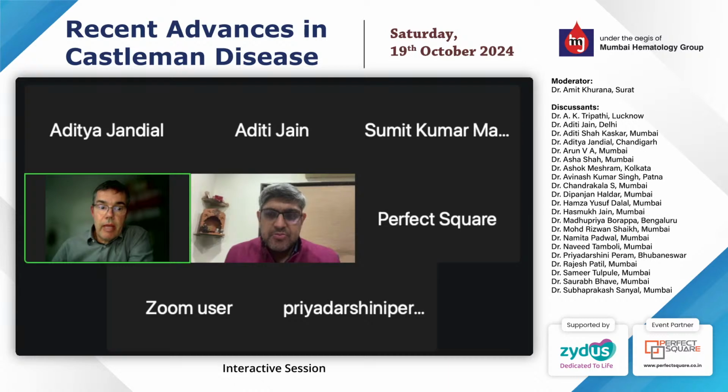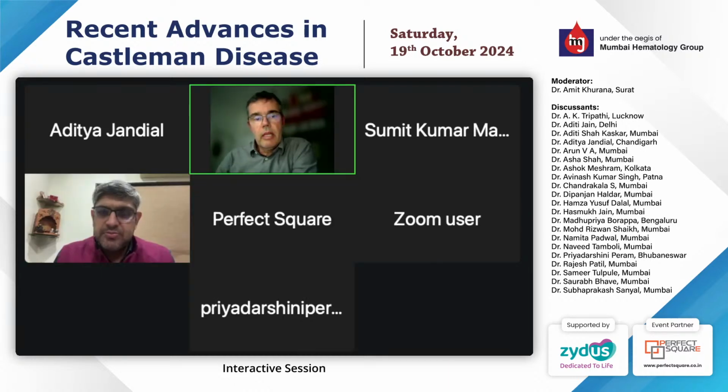There are some experts who are convinced that it makes sense to combine chemotherapy and rituximab in the idiopathic form. It is listed in the treatment guidelines to combine. You may use it in severe cases, yes. If you have limited availability of options, you have to use what you have.